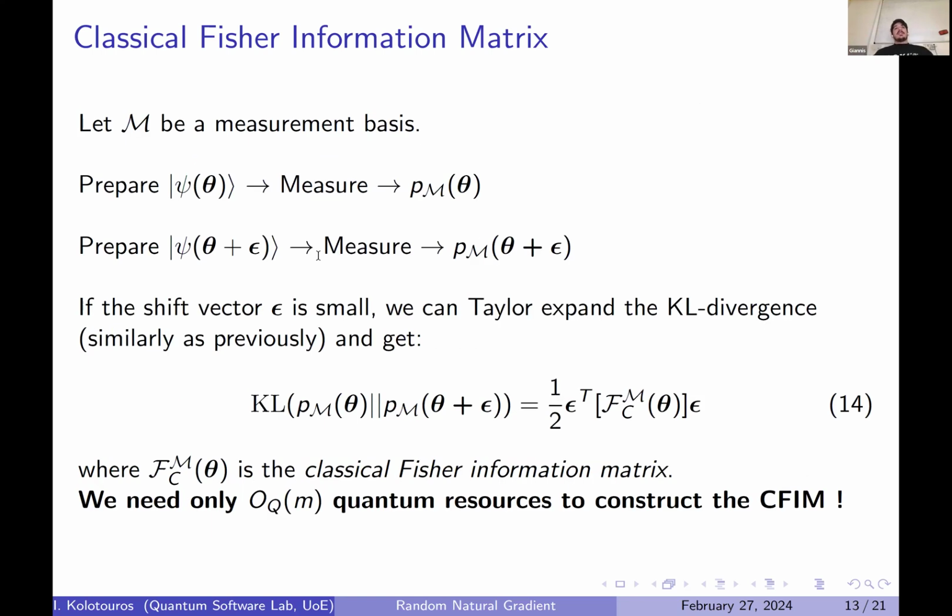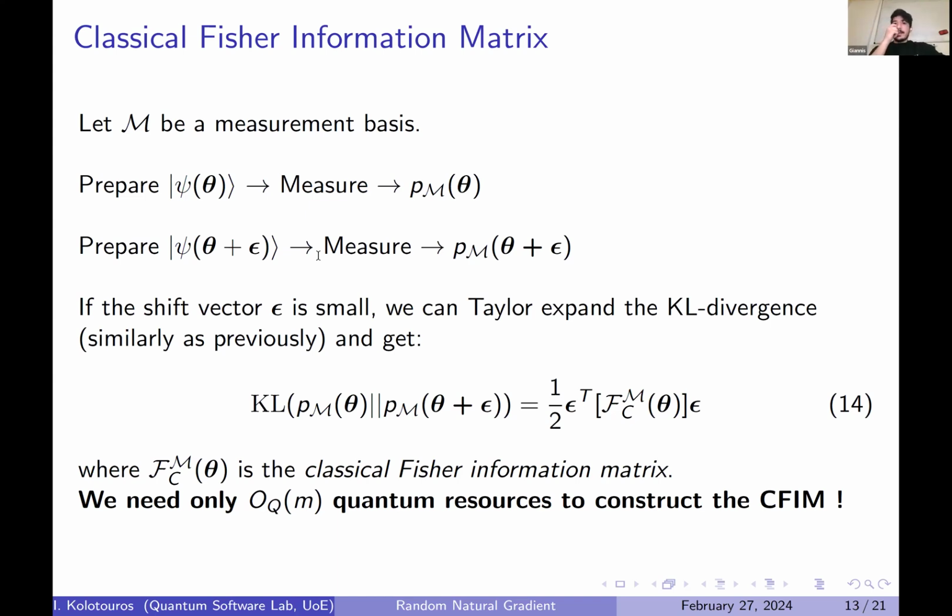Now, let's consider these two parameterized quantum states, psi of theta and psi of theta plus epsilon, where epsilon is again small. Let's suppose that we measure both of these states, and we get the probability distribution with respect to the measurement basis M.